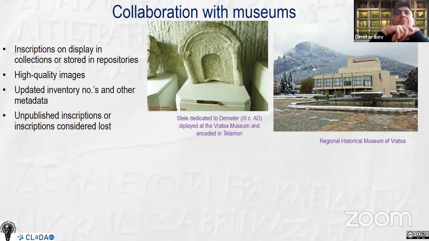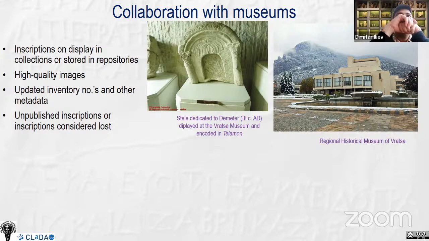The example was set by the regional historical museum of Vratsa, who were the first to provide all of their collection of Greek monuments that they had in their repository and in their lapidarium in order to be included in Telamon, be it published in some articles before that or as yet unpublished.